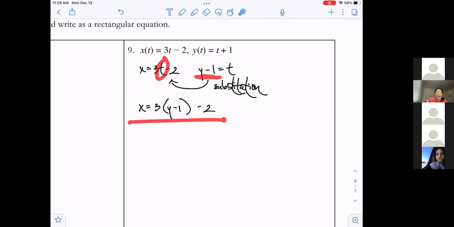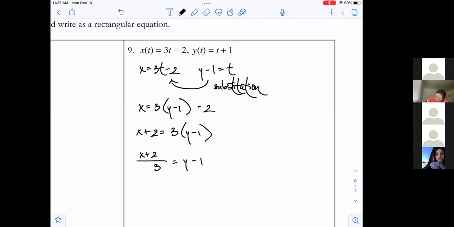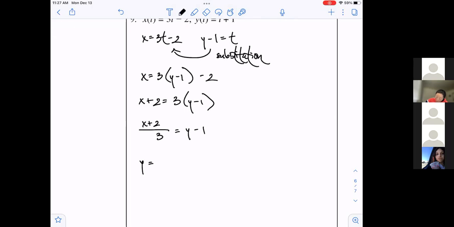And now I have at least an equation, but this I can write in a way that is more familiar. So I could add 2 to both sides. I could divide by 3. And finally, I could add 1.